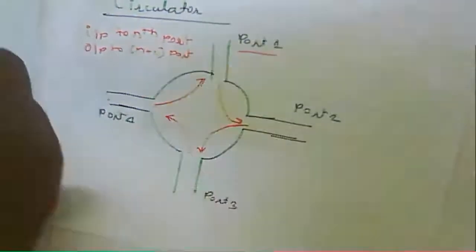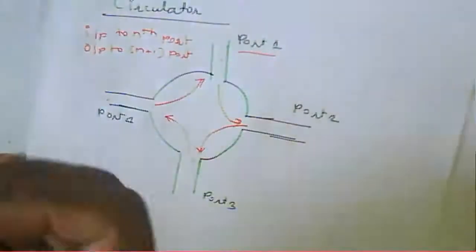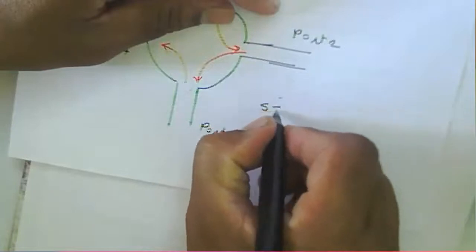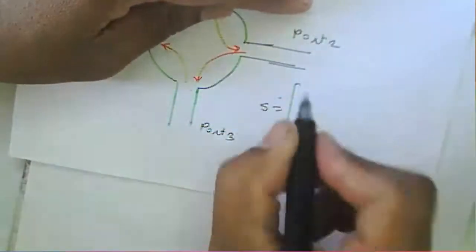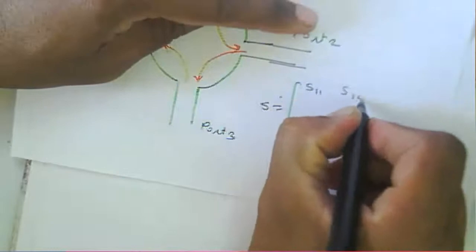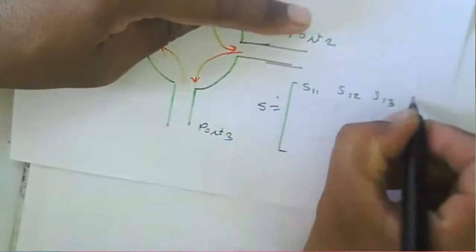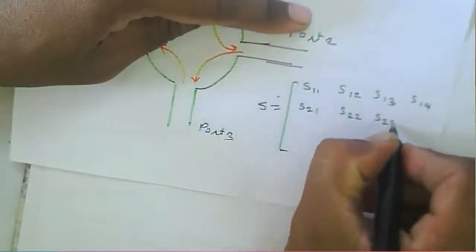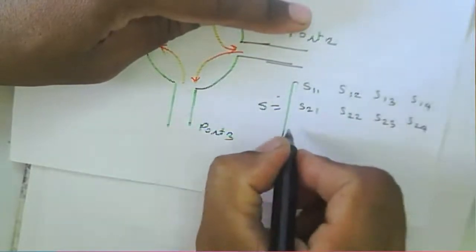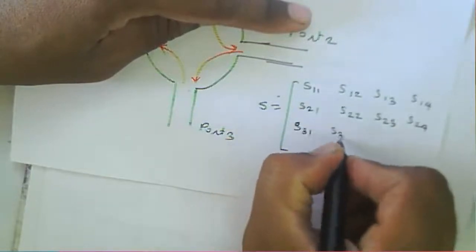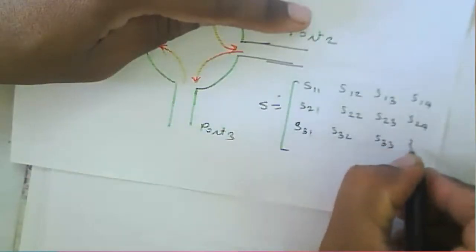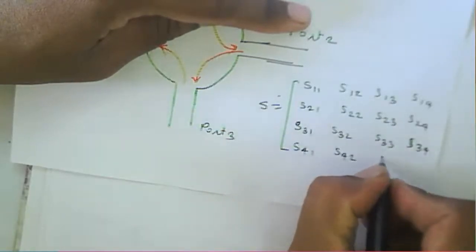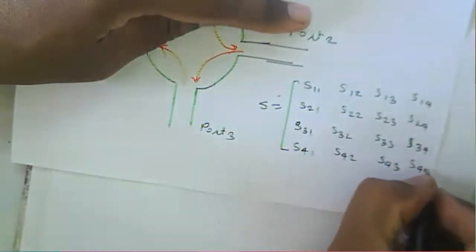So now if you obtain the S matrix for this circulator, it is a 4-port: S11, S12, S13, S14, S21, S22, S23, S24, S31, S32, S33, S34, S41, S42, S43, S44.